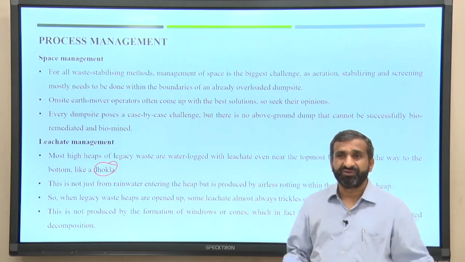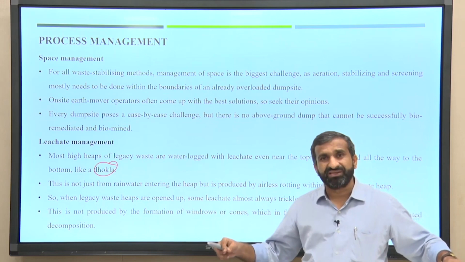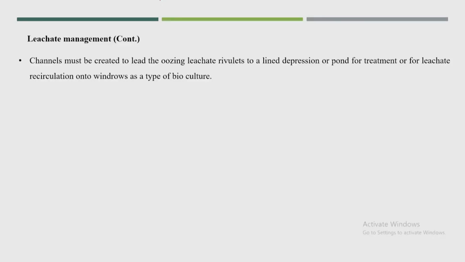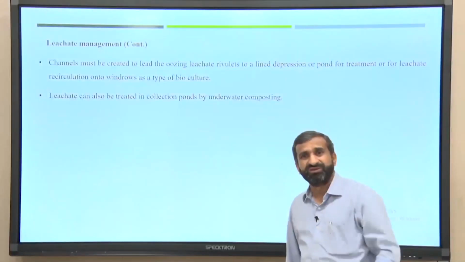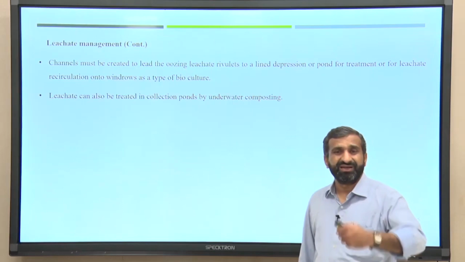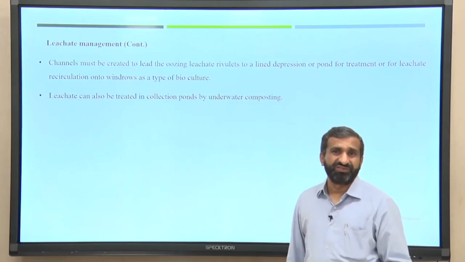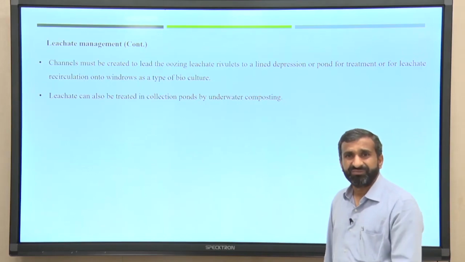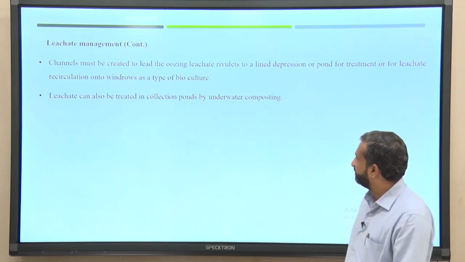Wherever you are planning windrows, plan for proper drainage for collection of this leachate. For leachate management, channels must be created to lead this leachate from the windrow facility. What will we do with that leachate? Recirculate it onto the top of the waste material in the windrow, so that it can also be used as bioculture, or you can mix it with bioculture and again put it into the windrow facility.